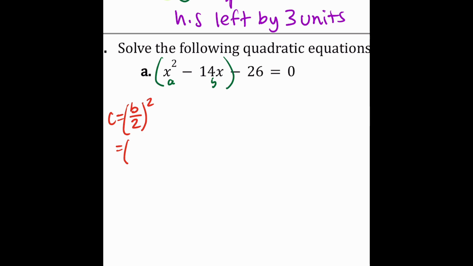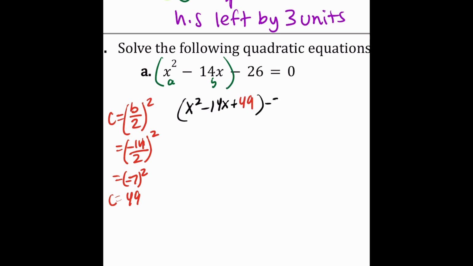So B in this case would be negative 14 over 2 squared. Negative 14 divided by 2 is negative 7, squared. That is going to be 49. C is 49. So when I go to rewrite this, I have x squared minus 14x, I found my C value to be 49, and I have minus 26.